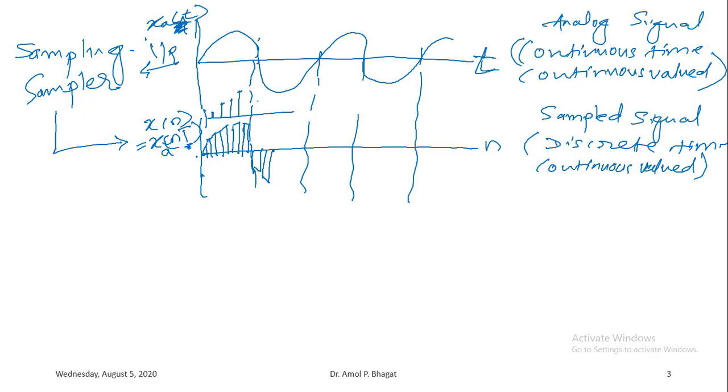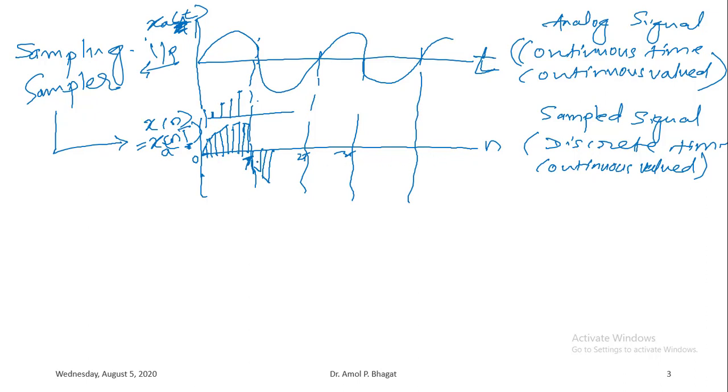If I'm starting from 0, then it will be 1 capital T, twice T, thrice T, likewise up to capital NT.